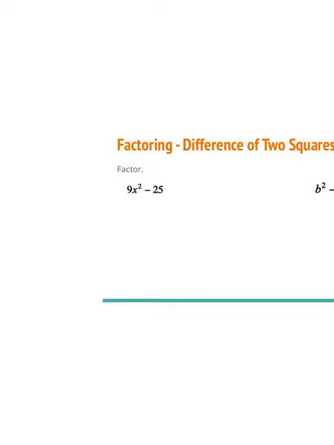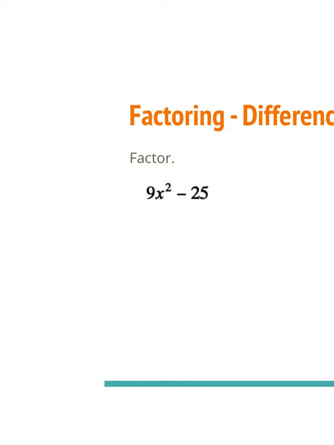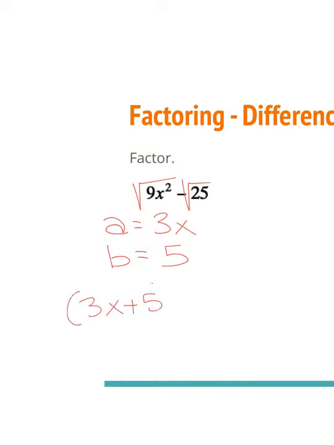All right, let's look here. So A equals 3x, because we think about taking the square root of that. B is 5. So I'd have 3x plus 5 times 3x minus 5. All right, and again, it's the same thing in each set of parentheses. We just have different symbols in the middle.